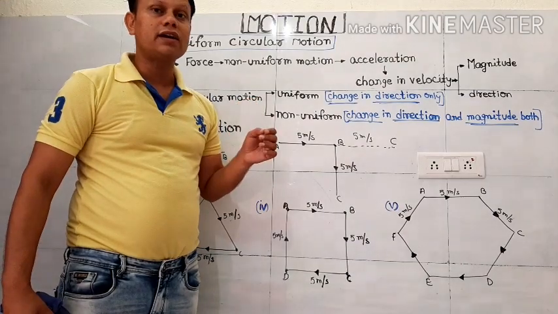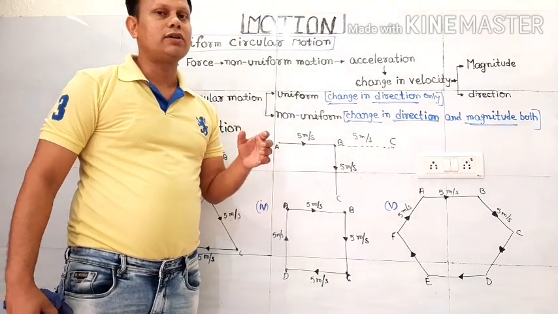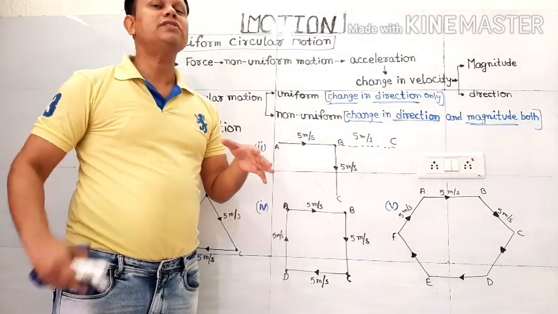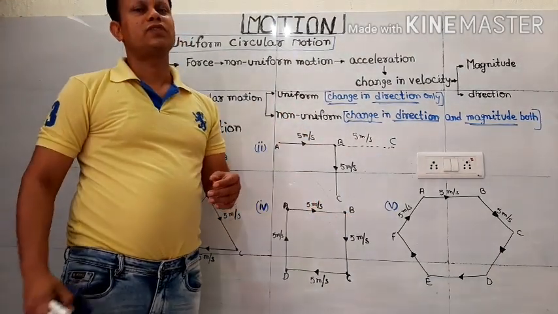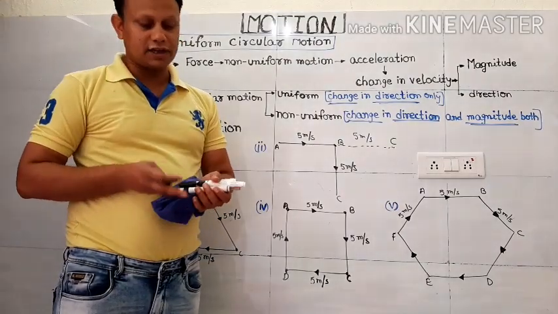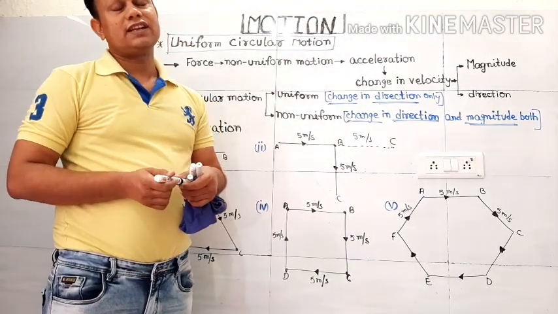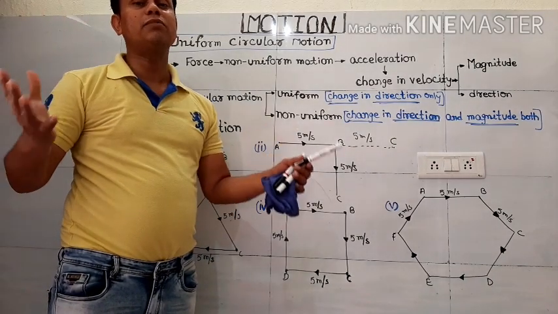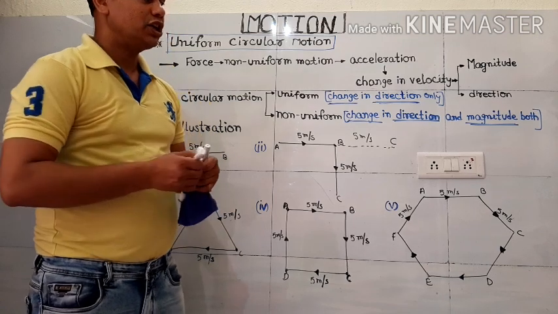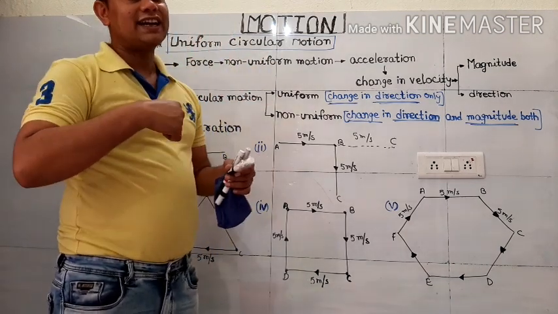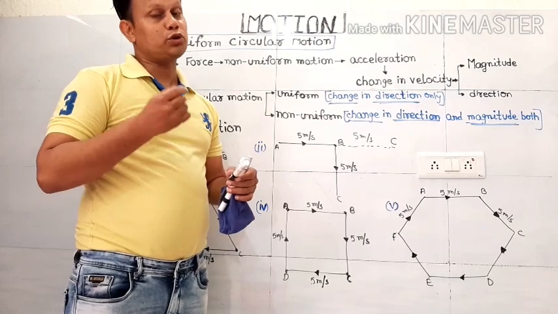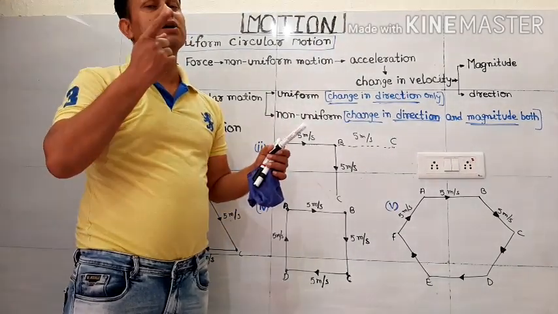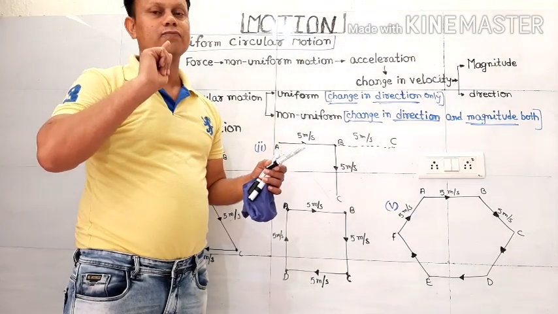Similarly, if we take a polygon or a path with n number of turns, n meaning a very large number of turns. As per the definition of a circle, if a circle is a polygon with infinite number of sides, then due to continuous change in direction, because there are a very large number of turns, it will almost become the shape of a circle.